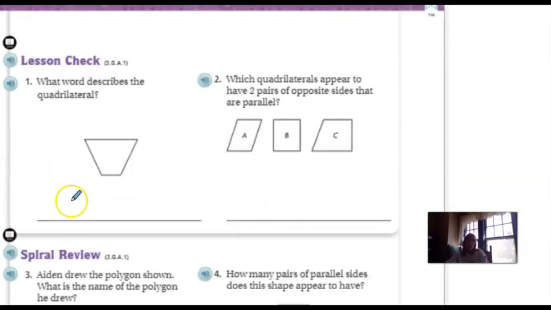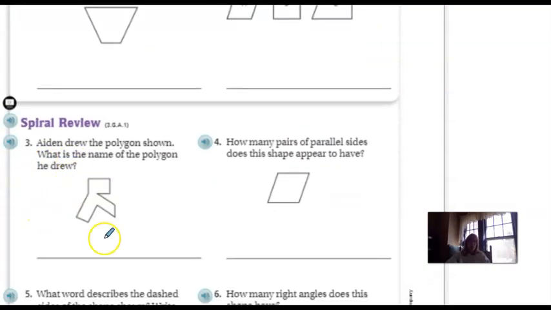Our lesson check, the word that describes this would be a trapezoid because you could extend this down and see that a little man was trapped down here. Number 2 would be A and B. 3 is a decagon.